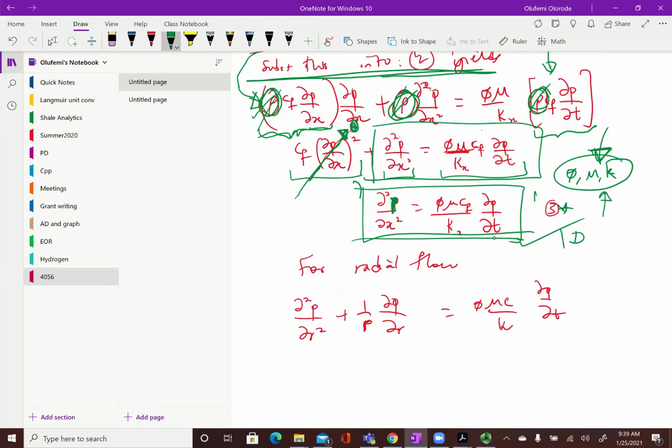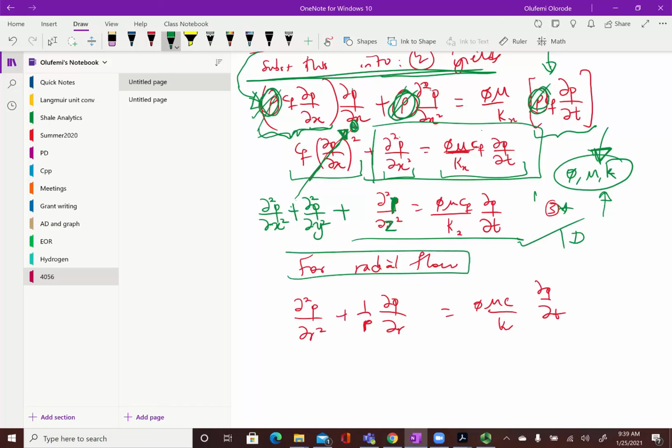You can also write this in 3D. How will you write it in 3D? Basically, add more terms here. So I'm going to rewrite this here. It's going to be the 2p dx squared, plus the 2p dy squared, plus the 2p dz squared. That's all you need to do to write it in 3D form.